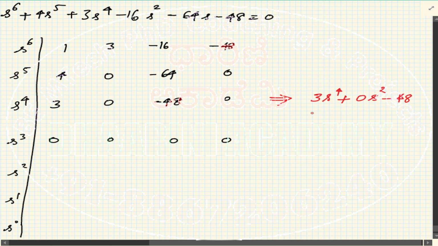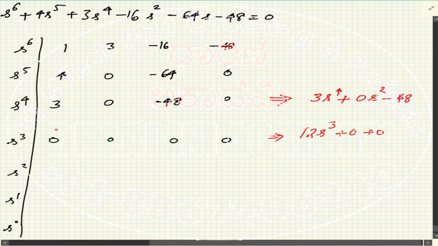Now you differentiate this, right? So I have to perform the d by ds of that, which means what you are going to get now. So this is 12 s cube plus 0 plus 0. So it's simply 12 s cube.